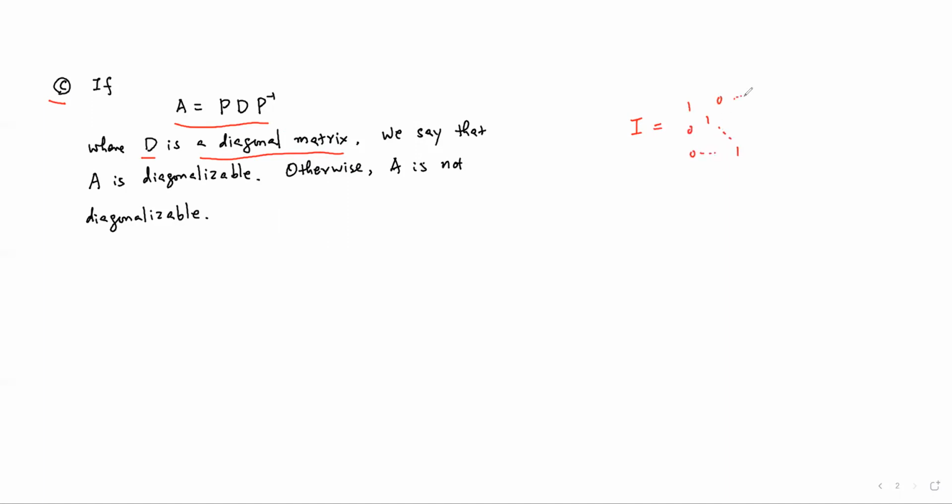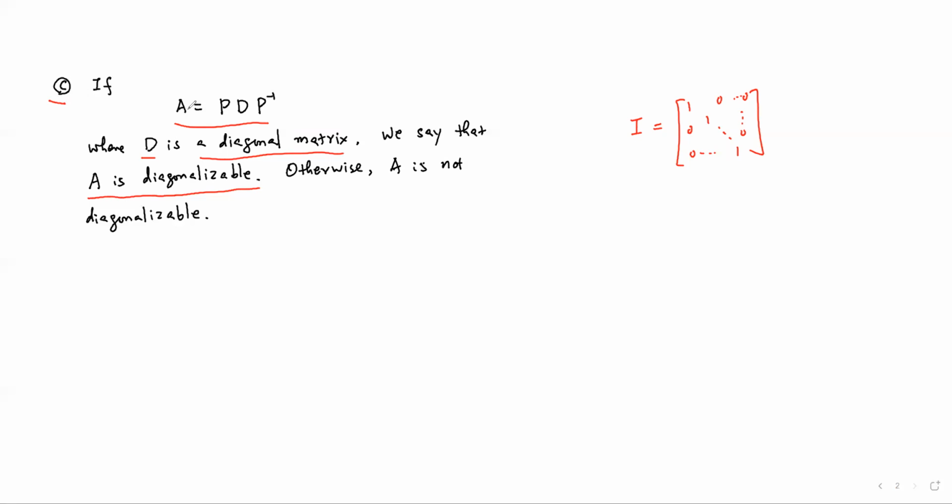Only the entries on the main diagonal line are non-zero, and other entries are zeros, then the matrix is a diagonal matrix. Whenever this equation is true, D is a diagonal matrix, then we say that matrix A is diagonalizable. We can diagonalize the matrix A. Otherwise, matrix A is not diagonalizable.